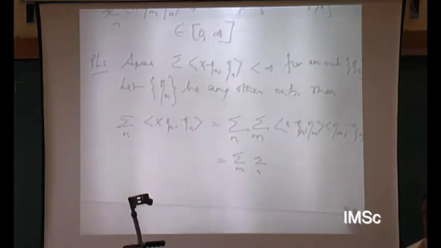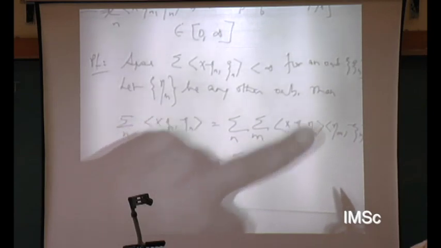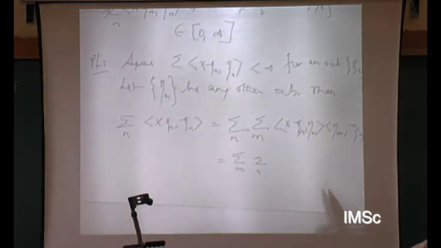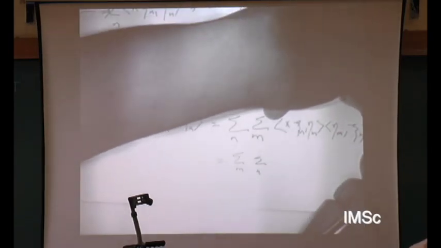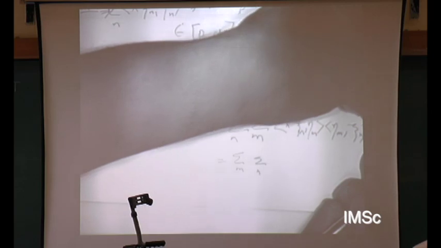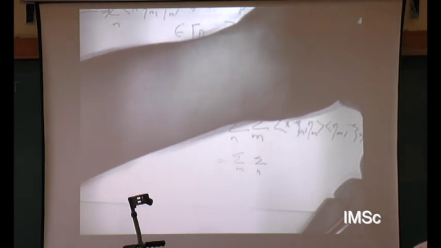So I'm interchanging the order of summation, xi n eta n. If I put the modulus and I know that the double sum is convergent, then I can use Fubini's theorem.